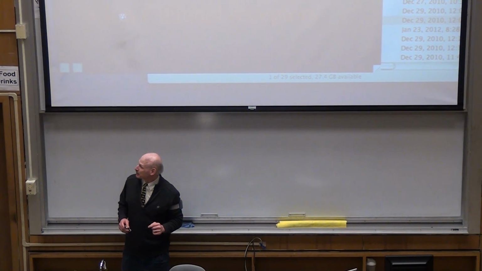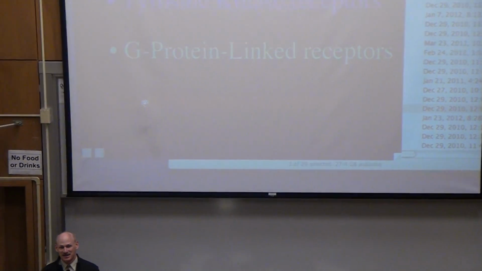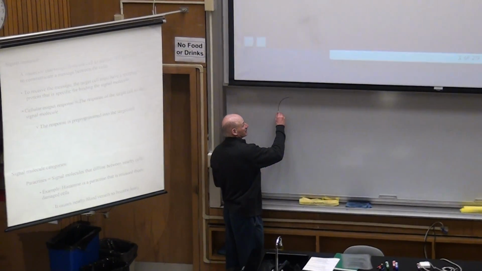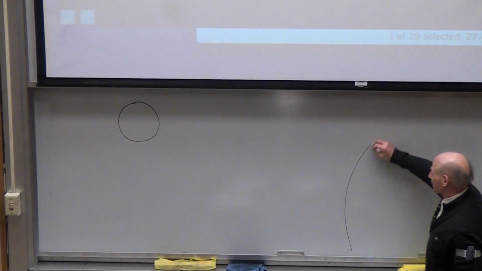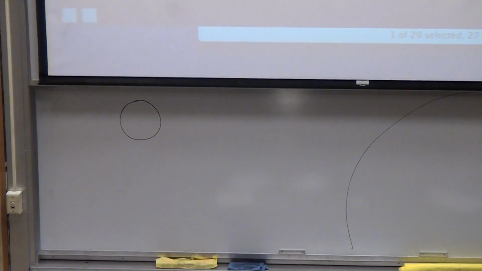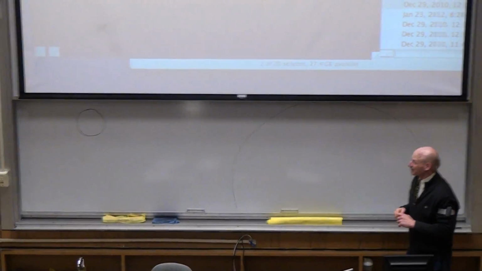Let me do a brief recap of where we are in signal transduction. The basic idea is that sometimes cells need to communicate with each other. Let's say this is the cell that wants to send the signal, and this big half circle over here is the cell that needs to receive the signal.